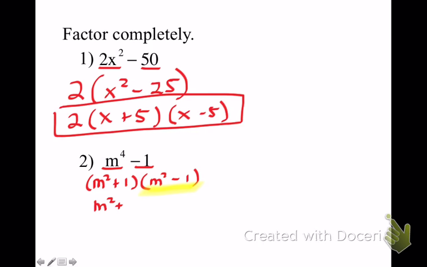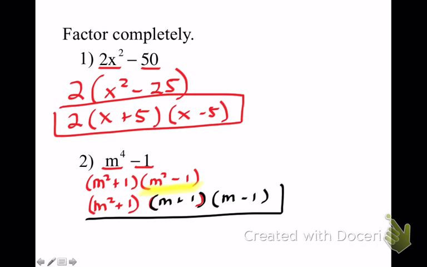Fully factored is the key here. We've got m squared plus 1. And now we can break this one down. Let me change colors for you. We can break this one down to m plus 1, m minus 1. So don't forget, we have to fully factor or you do not receive credit. That's another big mistake that people make while factoring.